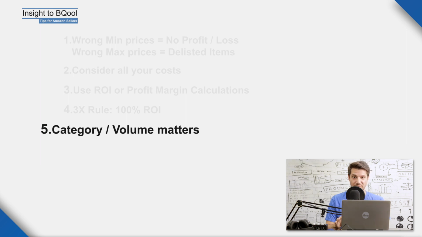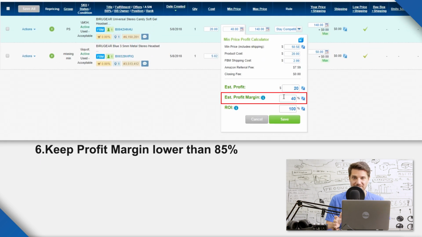One thing you want to know is that profit margin works differently than ROI. Profit margin will never be 100%, because it's including your cost. So you shouldn't go too high with this number. For example, our system, Repricing Central, doesn't even accept any value for profit margin higher than 85%, because that would make a number so high that it doesn't make sense in the calculation.